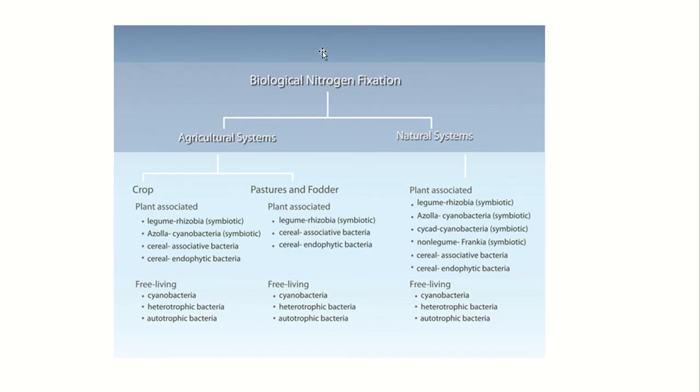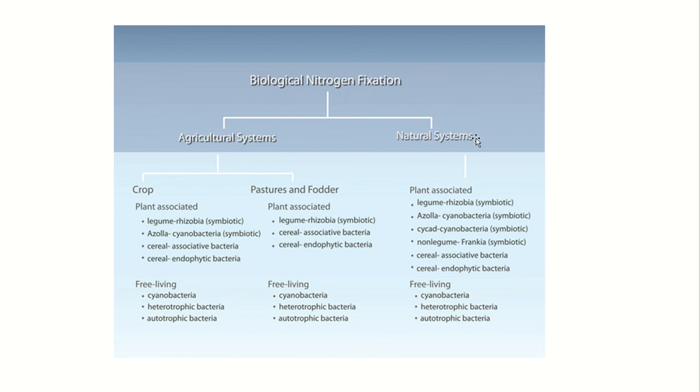So BNF, biological nitrogen fixation, is the general process in agriculture systems and natural systems. Our governor depends on this, and he told everyone that natural farming is possible. Today it is not possible.